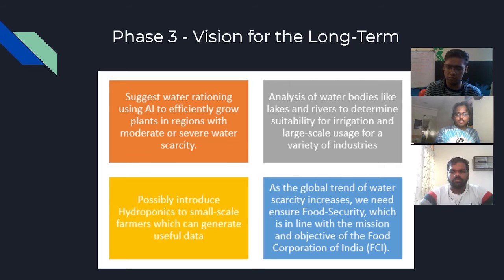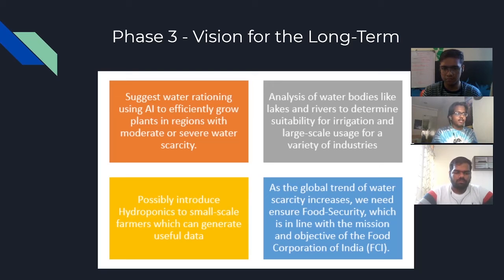Third one is to possibly introduce hydroponics to small scale farmers, which can generate useful data. So this is in extreme situations where we will be going into severe water scarcity, and this is also a continuation of what we think will be going into the future. So the last one is, as the global trend of water scarcity increases, we need to ensure food security, which is in line with the mission and objective of the Food Corporation of India.